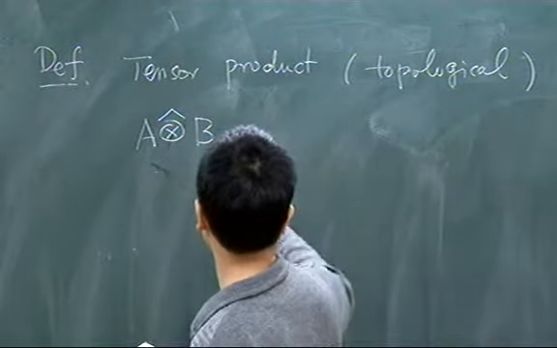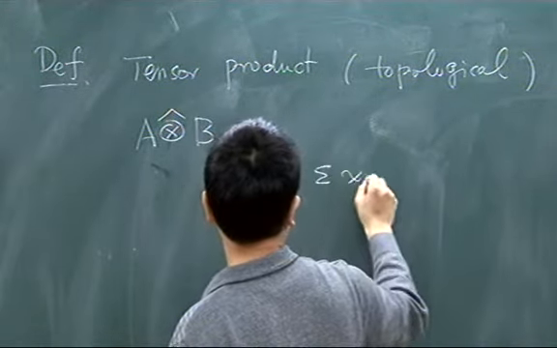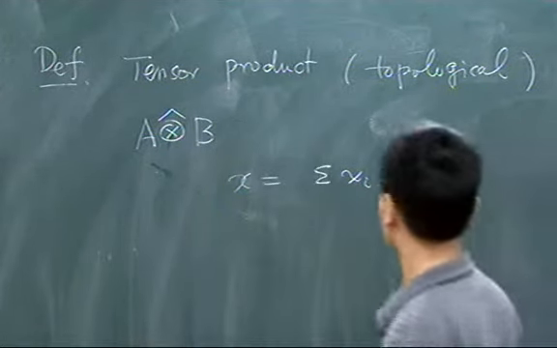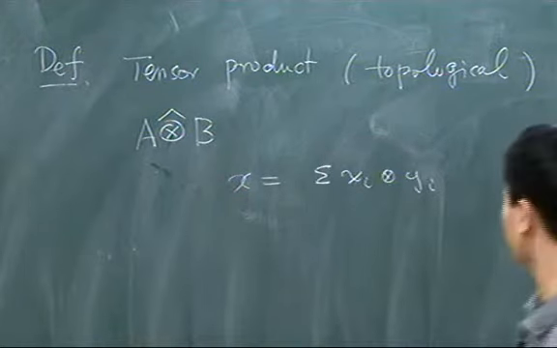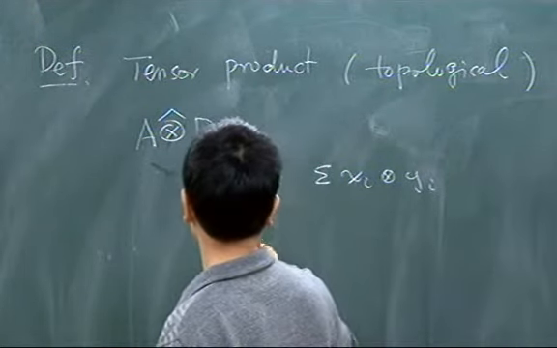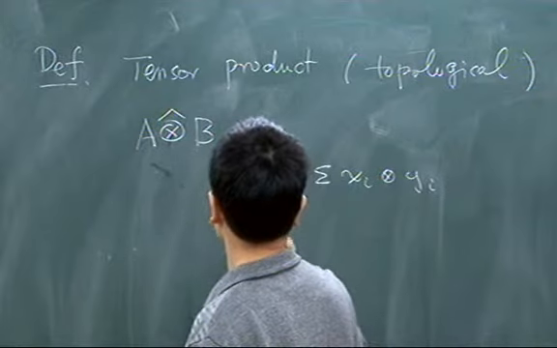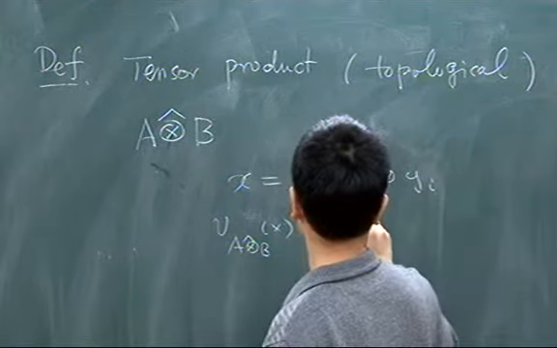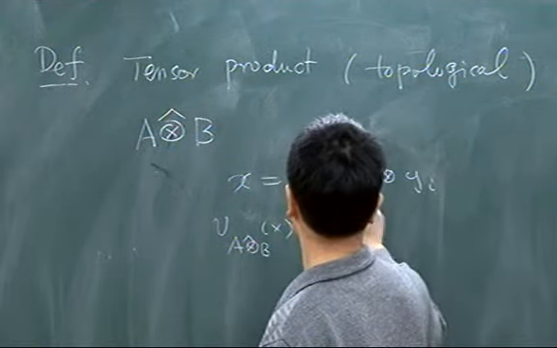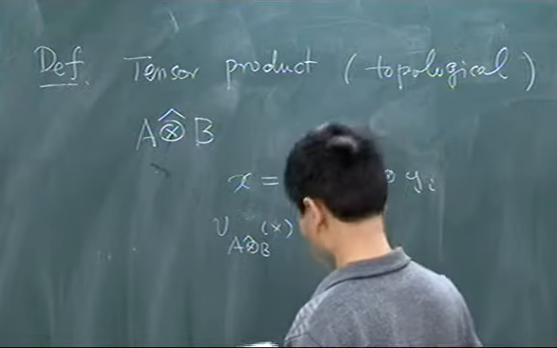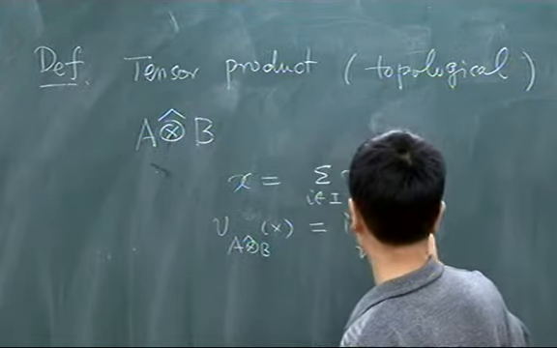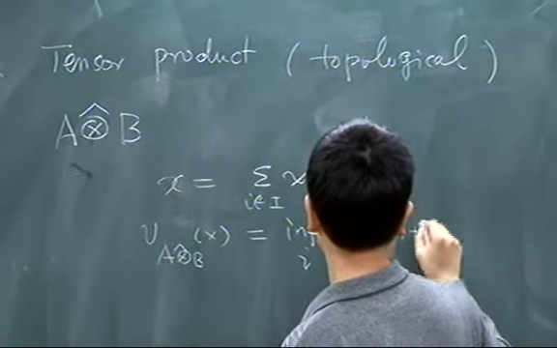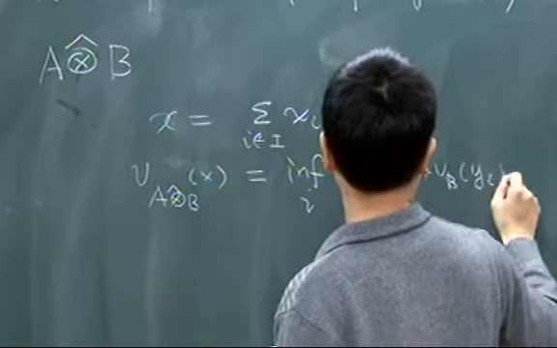If you have, say, x equal to a sum of xi times yi, and then you need the valuation v of a tensor b applied to x, what you get should be the minimum of v(a) xi plus v(b) yi.